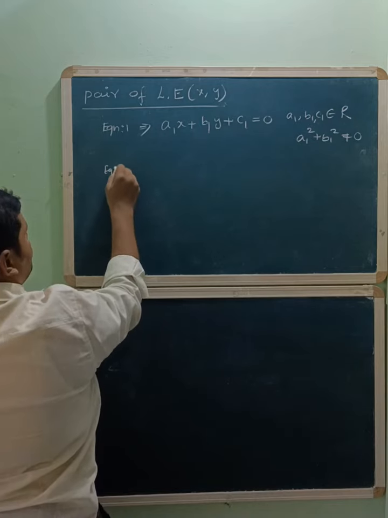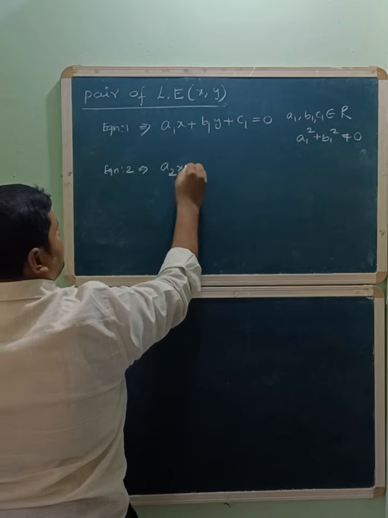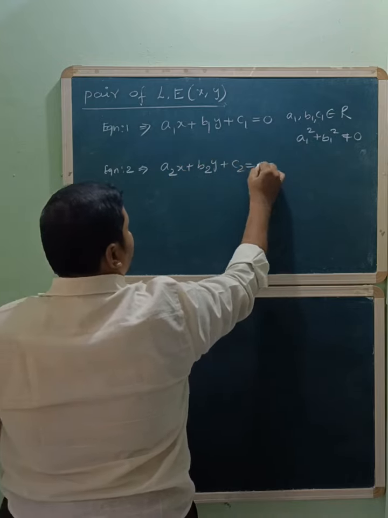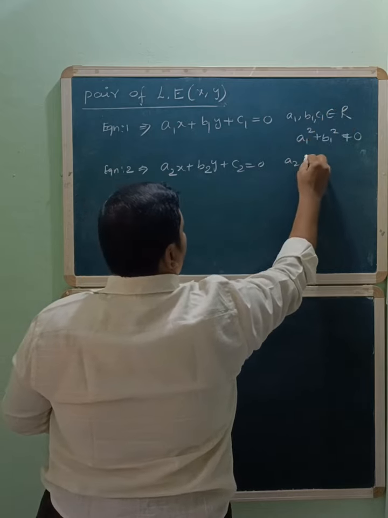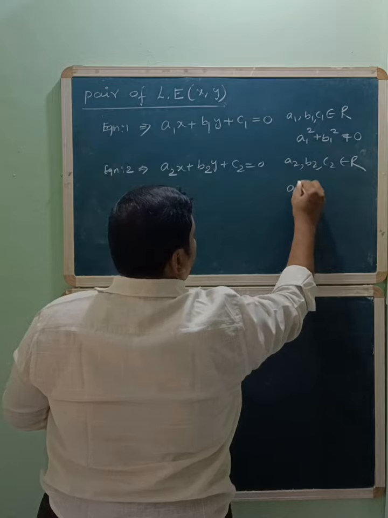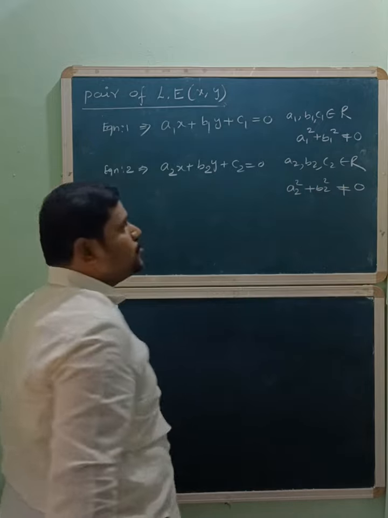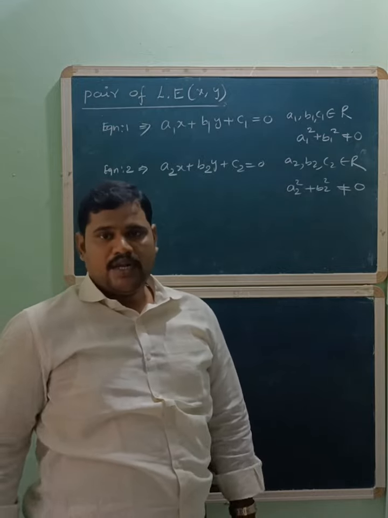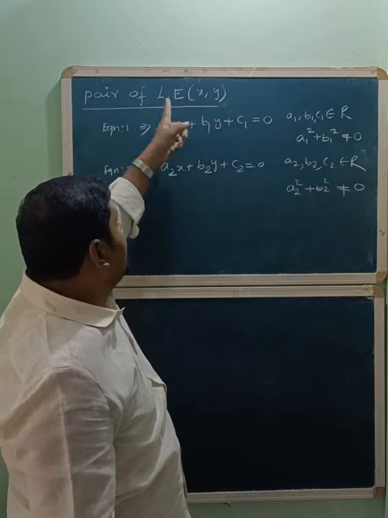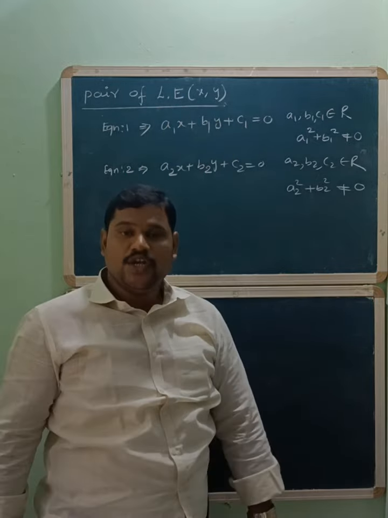Similarly, equation 2 is a2x plus b2y plus c2 is equal to 0, with the same conditions: a2, b2, c2 are real numbers and a2 squared plus b2 squared is not equal to 0. So these are a pair, meaning two equations: a pair of linear equations in two variables.